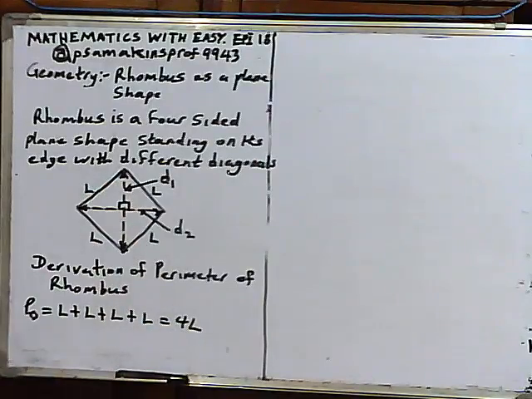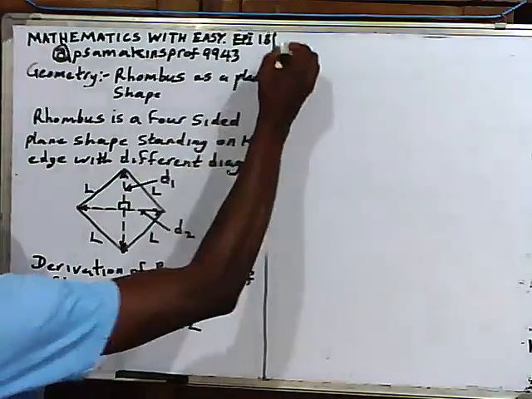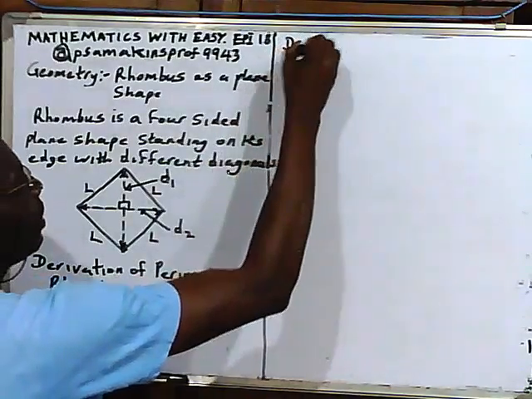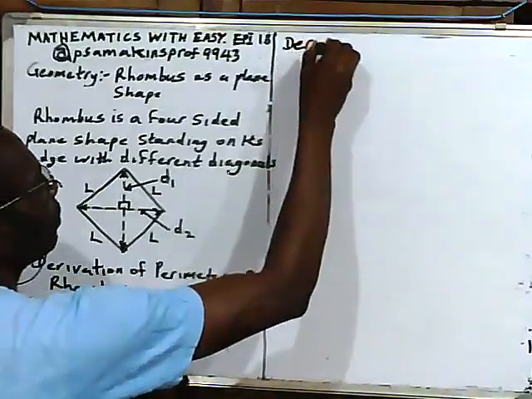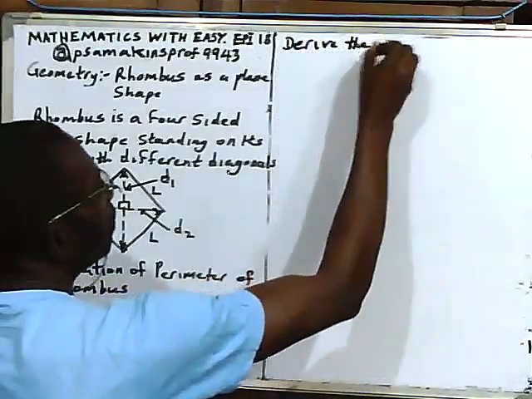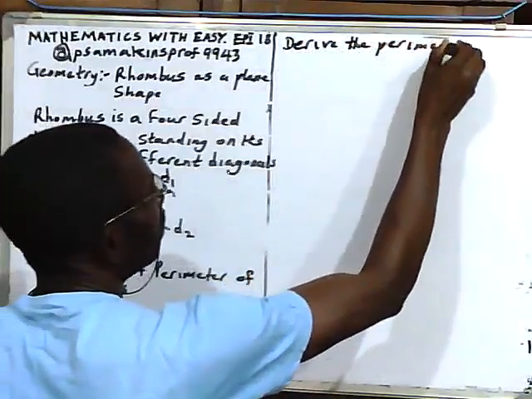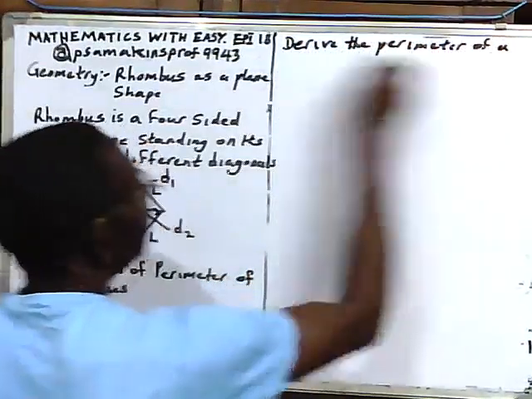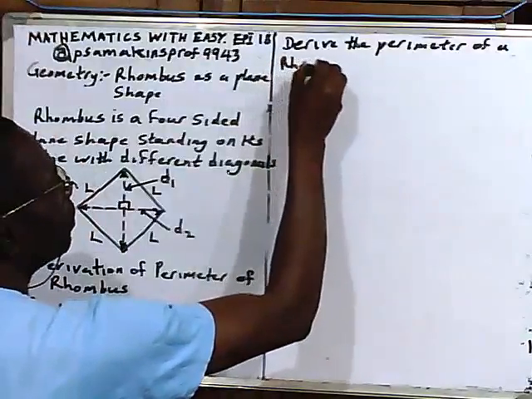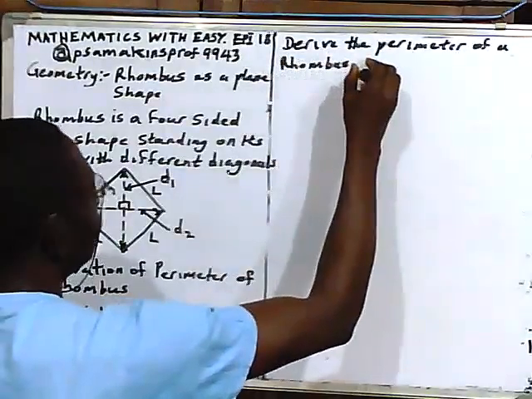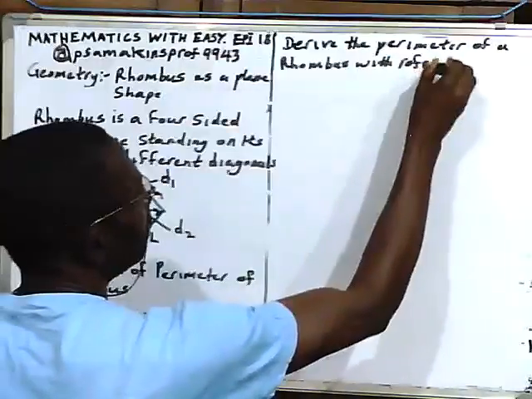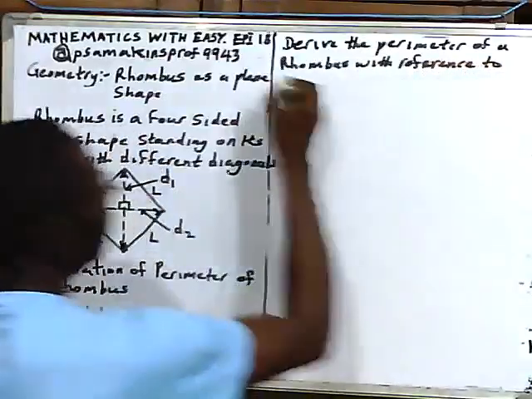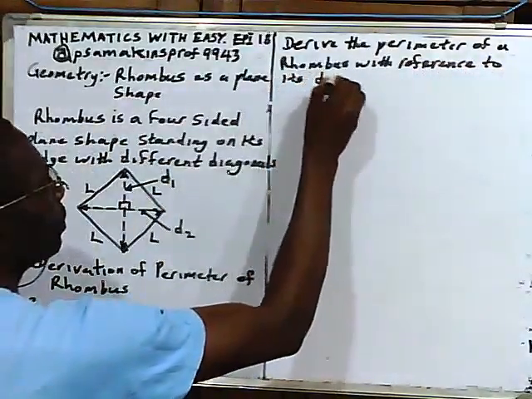Let us now derive the perimeter of a rhombus in terms of the diagonals.